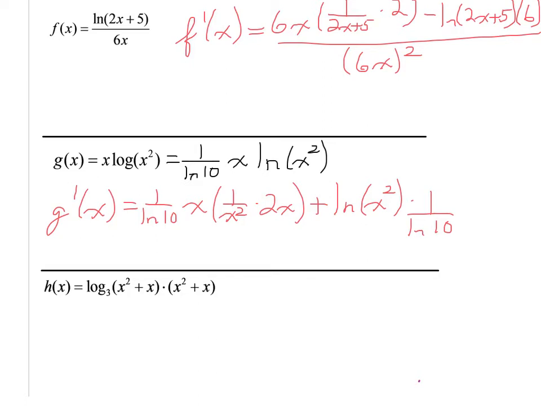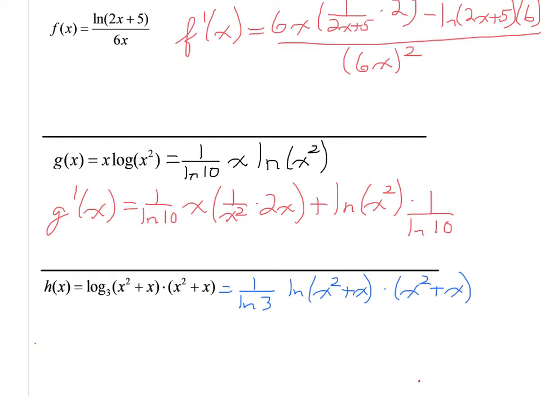And my last example here, h of x is log base 3 of x squared plus x, that entire logarithm times x squared plus x. And again, I'm going to change this to be in natural logarithms. And this is going to require that I use the product rule.